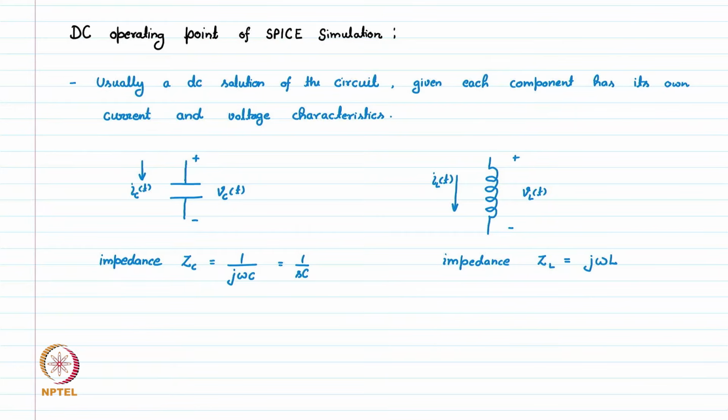And in the DC operating point, as we said, the voltage values are static, they are not going to change.